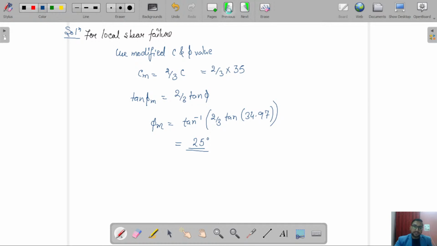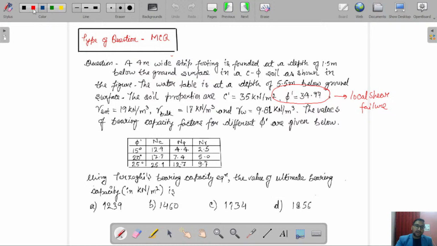It means the Nc, Nq, N gamma which we have to use will be these values corresponding to 25 degree.